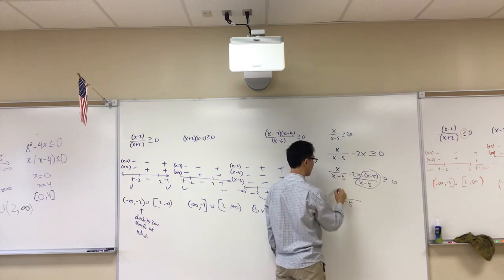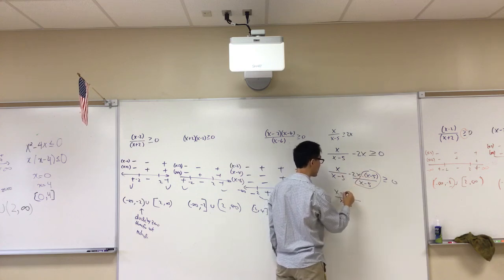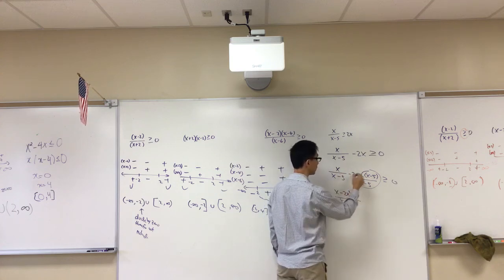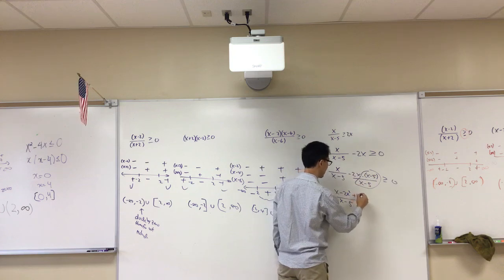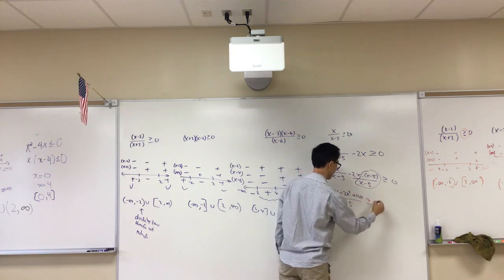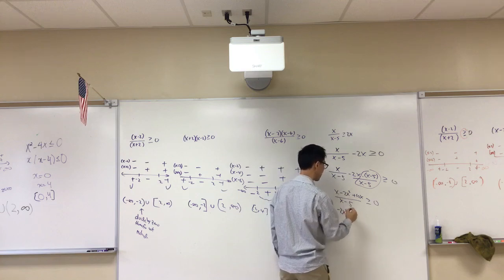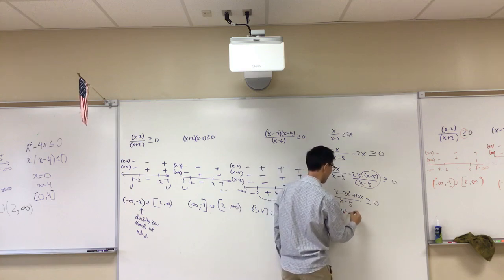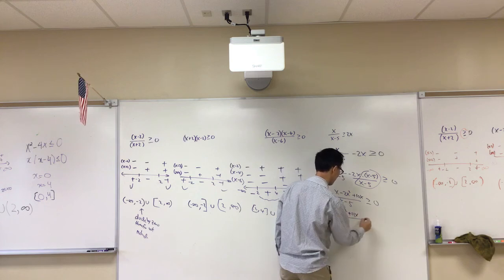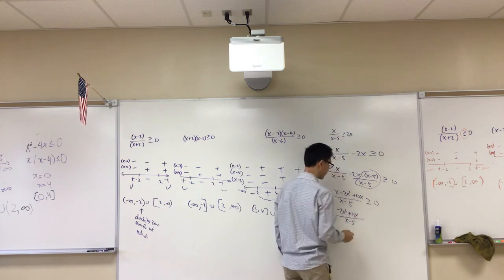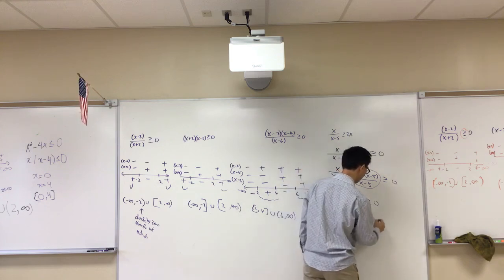This one is going to distribute, so it'll be minus 2x squared plus 10x. So then you will have negative 2x squared plus 11x over x minus 5, and that's greater than 0.